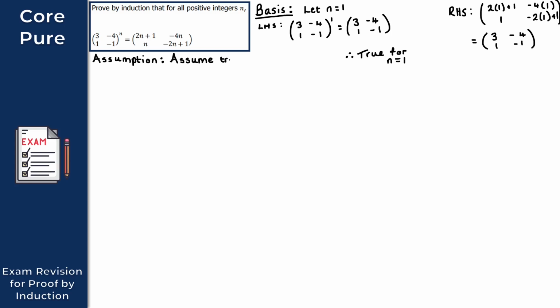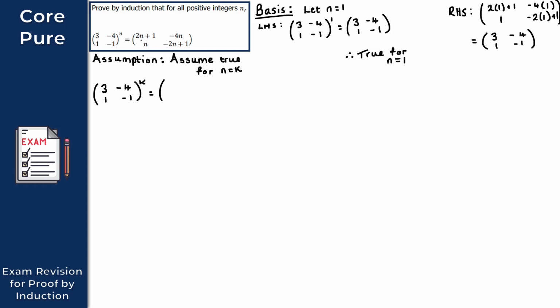So assume true for n equals k. Okay. So if this is true then for n equals k, what do we have here? Well, I've got this matrix then to the power of k. So I've got 3, minus 4, 1, and minus 1 to the power of k here. And that is equal then.